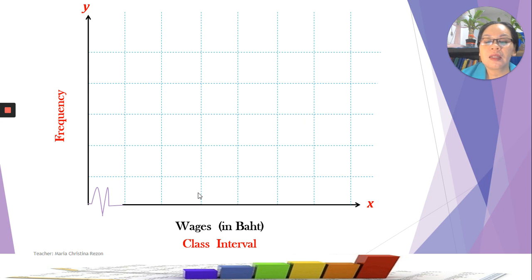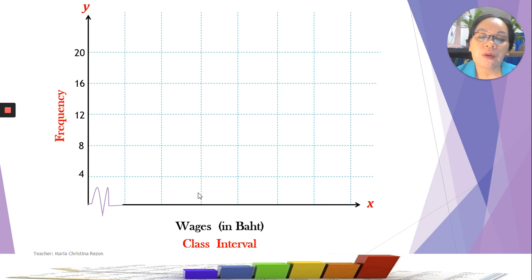And then let's label our graph here. So we use steps of fours. So you have 4, 8, 12, 16, and 20.